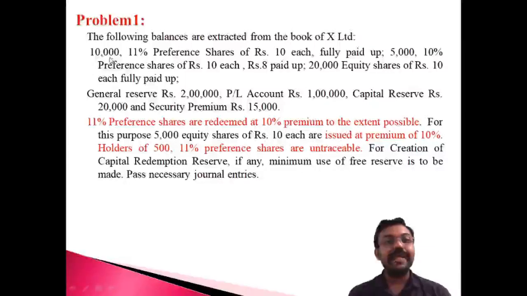Similarly, there is general reserve of 2 lakhs, profit and loss account of 1 lakh, capital reserve of 20,000, and securities premium of 15,000. The company decides that the 11% preference shares are to be redeemed at a premium to the extent possible.